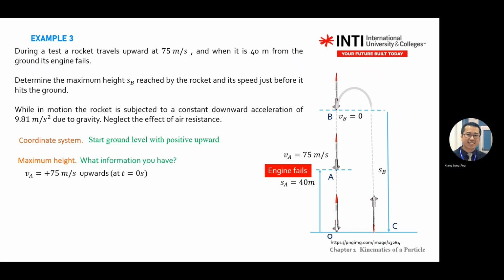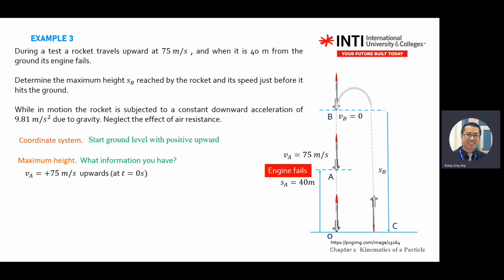Maximum height, you need to find the maximum height, right? You have the velocity at 75. You have sA, 40. So you have the initial height, you want to find the final height. You have initial velocity, you have the final velocity. Check these three equations of motion.